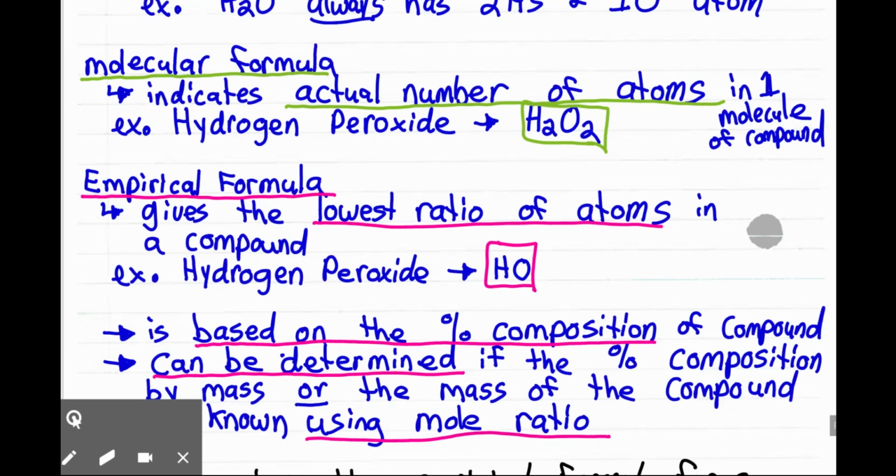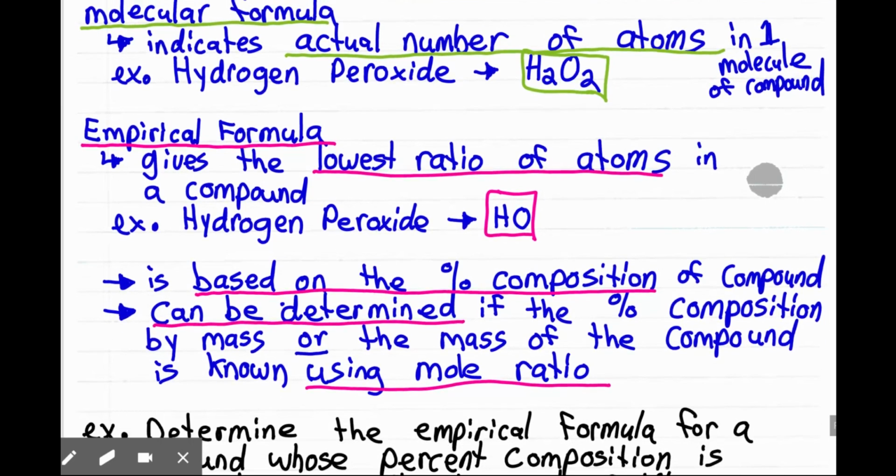But the empirical formula for hydrogen peroxide is HO. Even though a molecule of hydrogen peroxide has 2 hydrogens and 2 oxygens, actually a 1-to-1 ratio, 1 hydrogen and 1 oxygen. This empirical formula is based off of the percent composition of a compound.